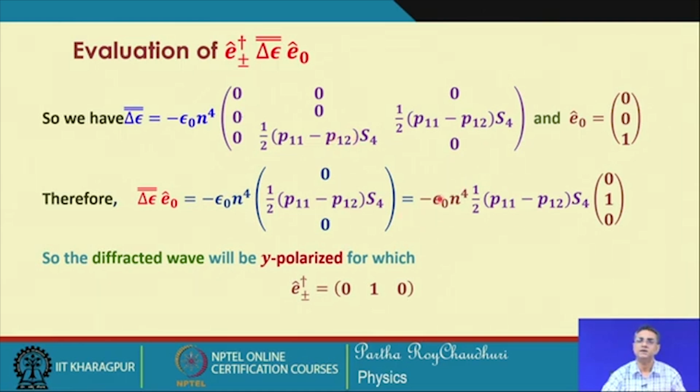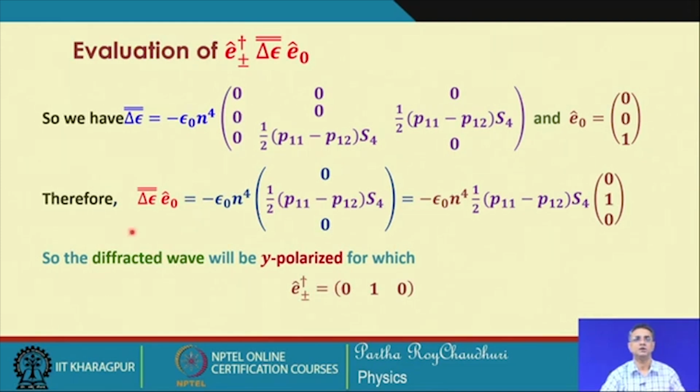Therefore, for this expression to be a scalar quantity, this quantity epsilon 0 n to the power of 4 and this change, this P s quantity, will be a scalar only if your diffracted polarization is this, because if you pre-multiply with this vector, then only you get a scalar. So, it suggests that the polarization of the diffracted wave should be Y polarized.